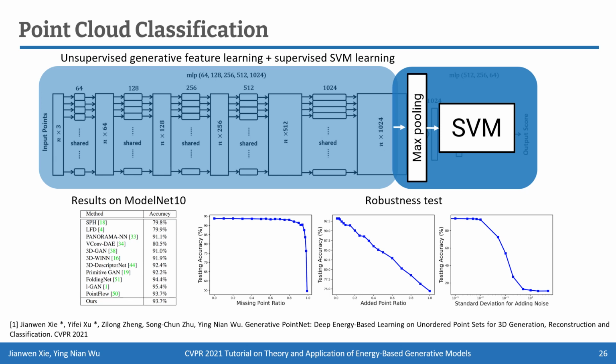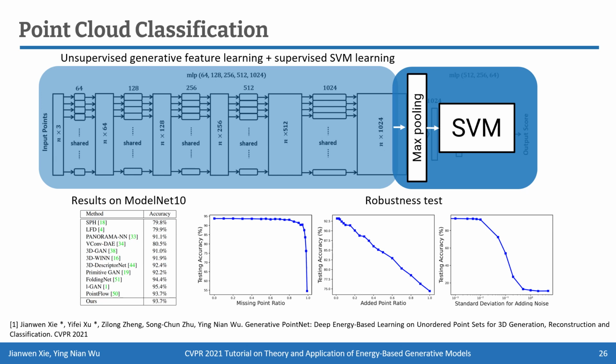We then replace the average pooling with a max pooling layer in the learned score function, and use the output of the max pooling as point cloud features. Such a point cloud feature extractor is also input permutation invariant. An SVM classifier can be trained from labeled data based on the extracted features for classification.